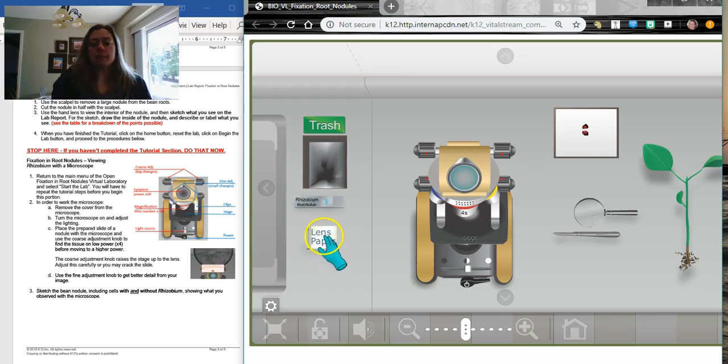So you'll have some lens paper here. You'll grab it, and then you'll just wipe the lens with your paper. You can throw it away. It says adjust the lighting. So right now, if you look at the lighting here, there's dark, there's midway, and then there's very bright. So let's move it back and forth, okay?